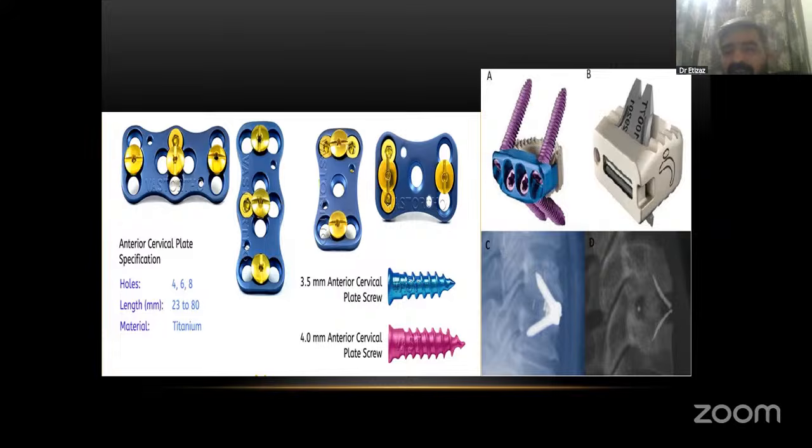For a single level, 22, 24; for more than that you can use 26, 28. So it's up to you, and it depends on the level, single or multiple. Yes, we have to choose the size. It is mentioned here, and tomorrow I will give you all the details of the plates, what kind of sizes there are. So it depends on the level.